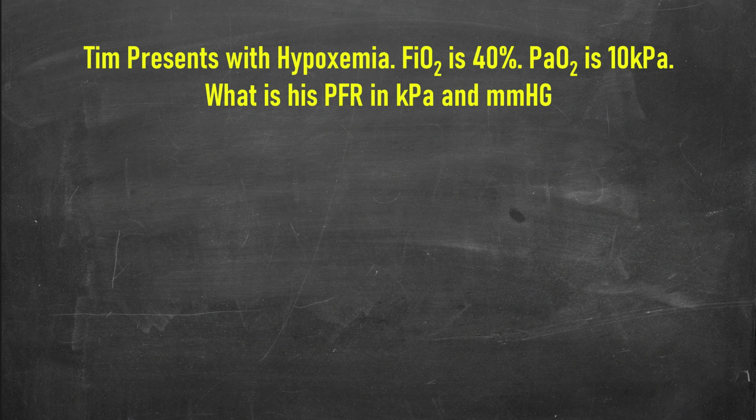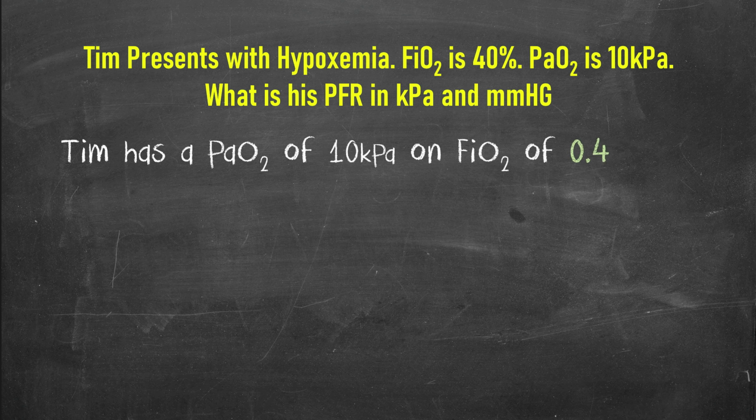Now, Tim presents with hypoxemia. His FiO2 is 40%, the PaO2 is 10 kilopascals. What is his PF ratio in kilopascals and in millimeters of mercury? So Tim has a PaO2 of 10 on an FiO2 of 0.4. 10 divided by 0.4 equals a PF ratio in kilopascals of 25, or 0.25 if it's the PaO2 divided by the PiO2, or 25% of inspiratory oxygen.